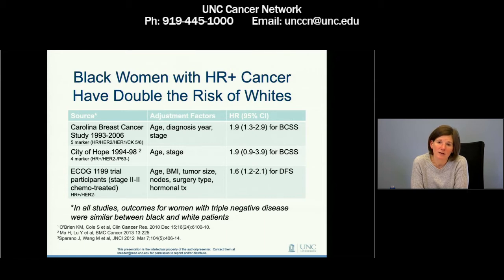And that is true even if we adjust for the things that we know tend to put people at greater risk: being diagnosed earlier in time, having more advanced stage of diagnosis, being younger, being obese, and even when we account for some of the factors that go into treatment, such as the type of surgery, the receipt of chemotherapy, and hormonal therapy, race still seems to be an independent predictor of a worse outcome in this breast cancer subtype. So when we see information like this, we start to wonder whether there is a biological difference that we haven't accounted for with the way that we understand breast cancer subtypes today.